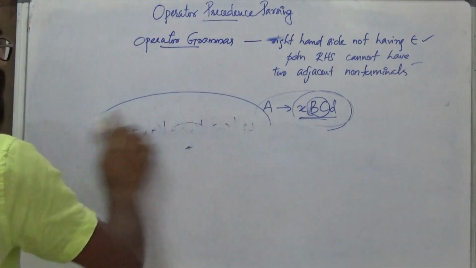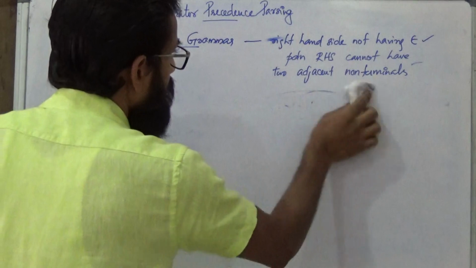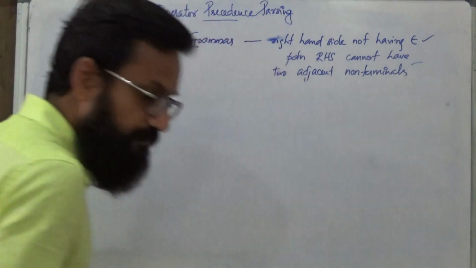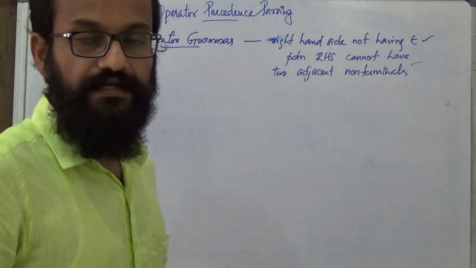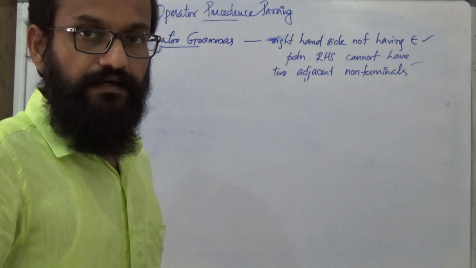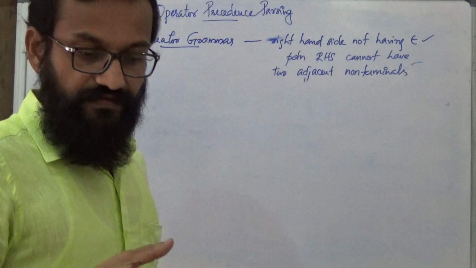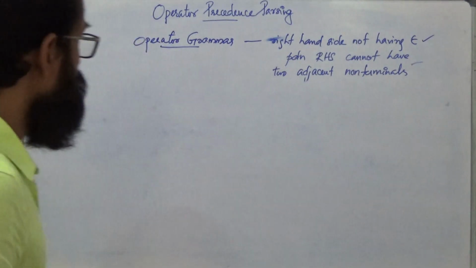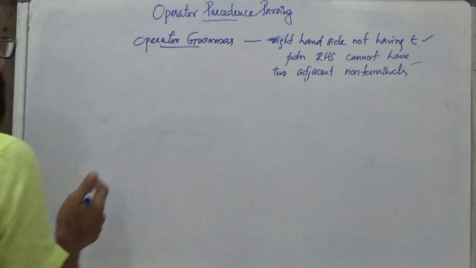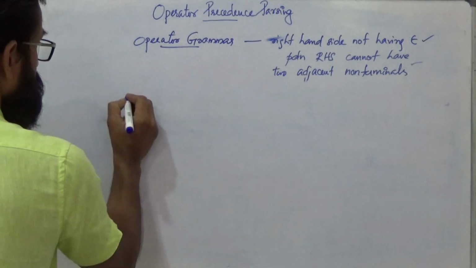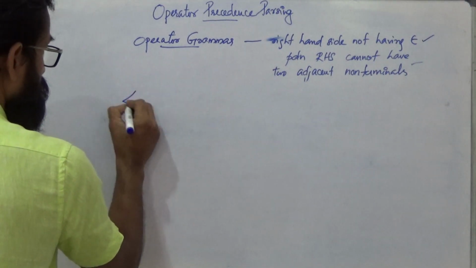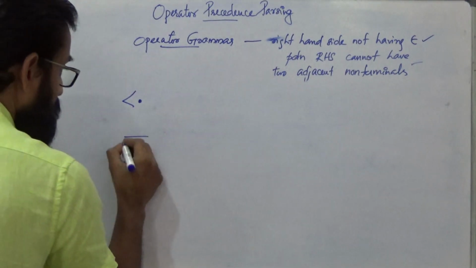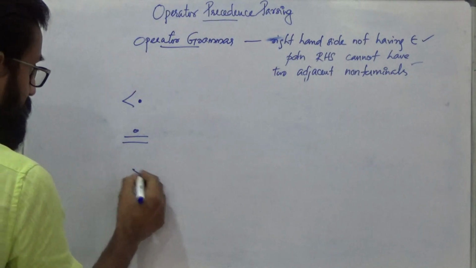Now, the operator precedence parser is based on the operator precedence relation between each and every pair of terminal symbols in the grammar. So these are the three precedence relations: the first one is this, the next one is this, and the third is this.